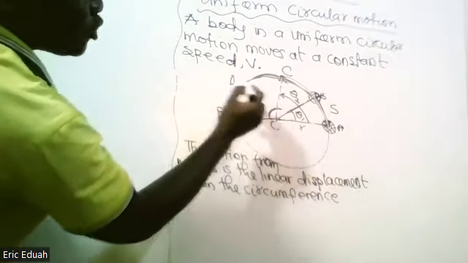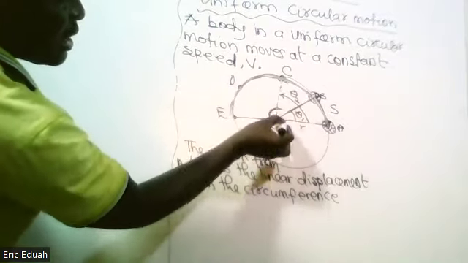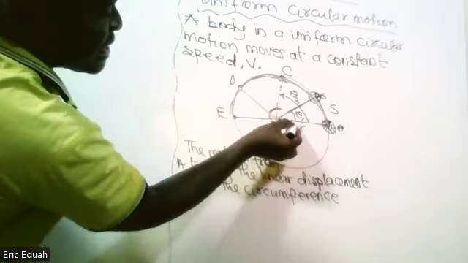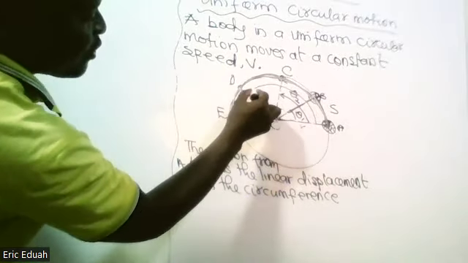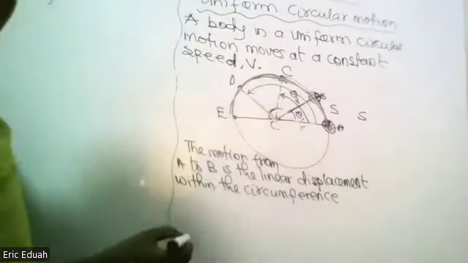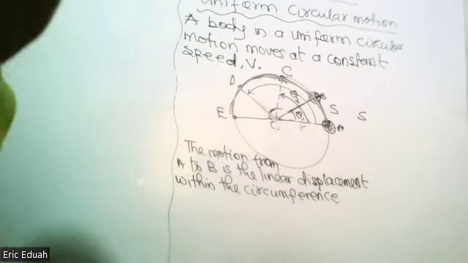From A to D, this is the whole linear displacement, and this corresponds to the angle swept at the center. So as S increases, theta, that angle at the center, also increases.